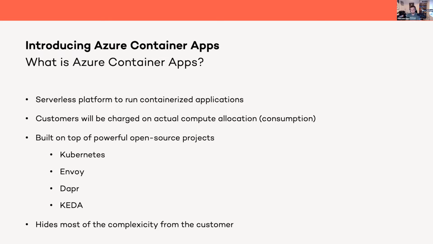Envoy is a proxy that is deployed into Kubernetes and is able to not just route requests to certain containers in a Kubernetes cluster, it's also able to bring in functionalities like traffic splitting or retry patterns. So Envoy is really taking care of network stuff in Azure Container Apps.